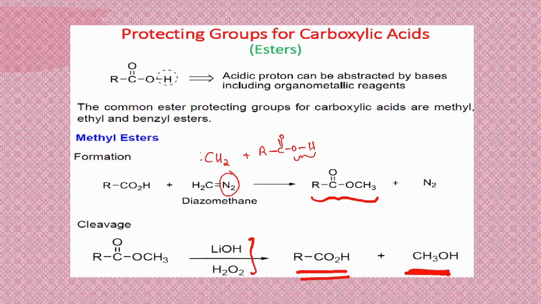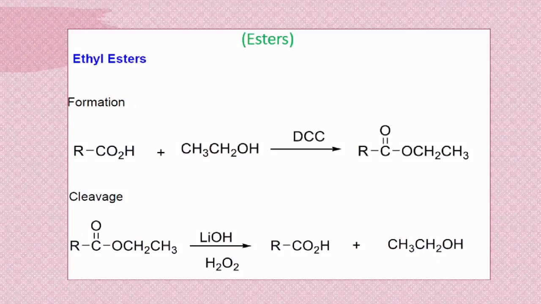So that is how we protect carboxylic acid, and usually we use this protecting group to protect carboxylic acid from nucleophiles. And the second example of a protecting group for carboxylic acid is ethyl ester.